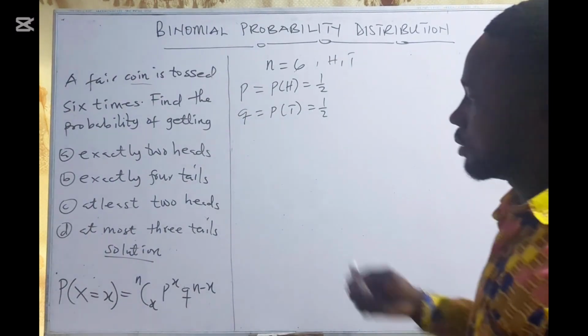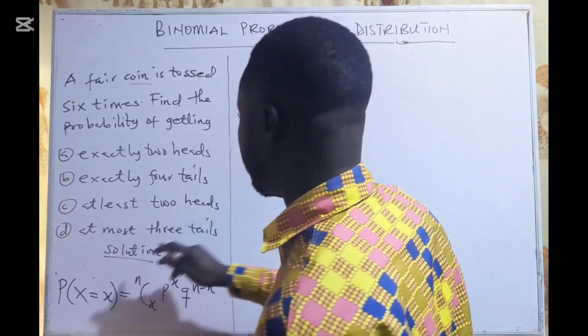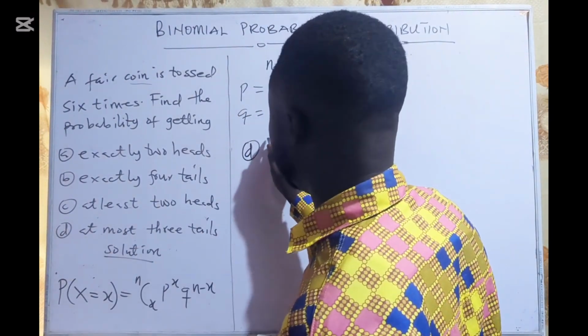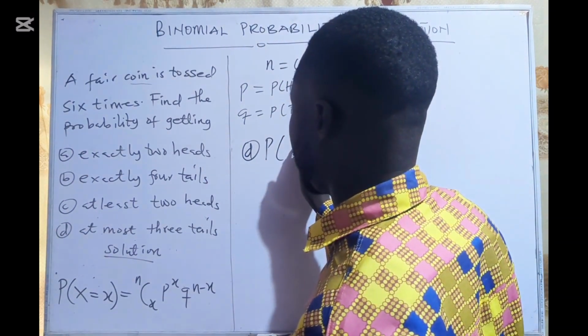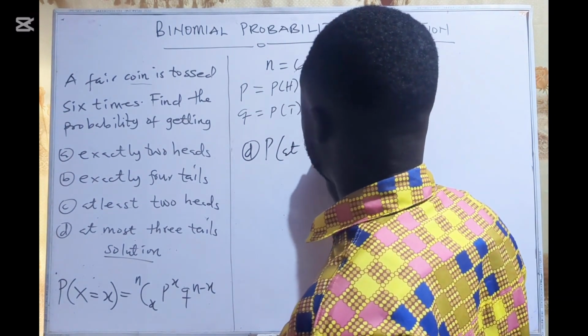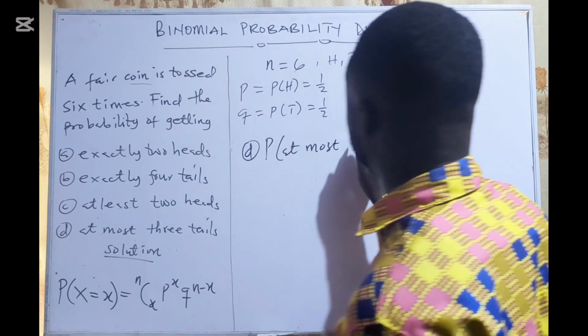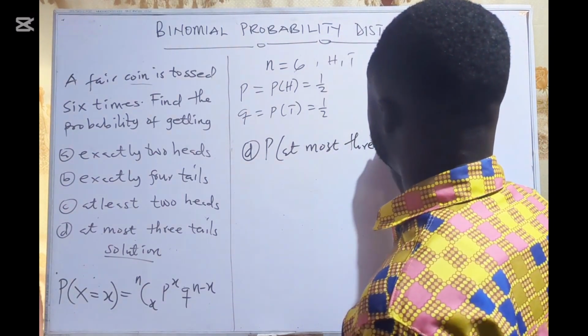Okay, so let's look at the last one, D. At most 3 tails. So probability of at most 3 tails.